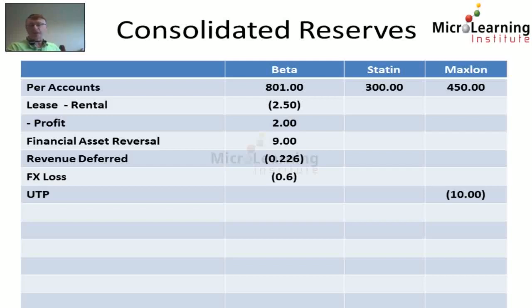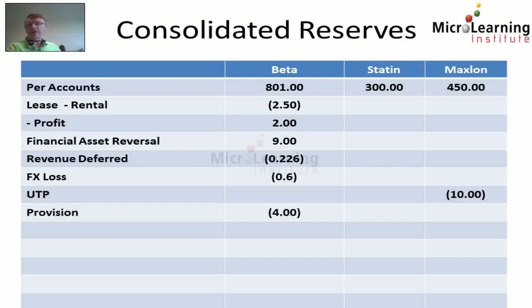So our rule of thumb in this instance is that we always adjust the reserves of Maxlon, and later you'll see that we will consolidate 30% of the reserves of Maxlon. So effectively, even though we've taken the full amount of the adjustments to the reserves of Maxlon, we'll consolidate 30% of those adjustments back into the group consolidated reserves.